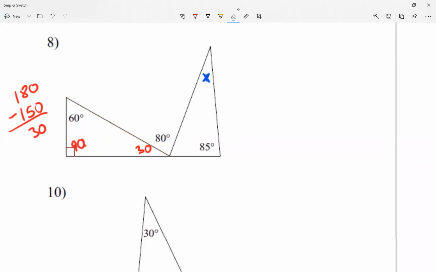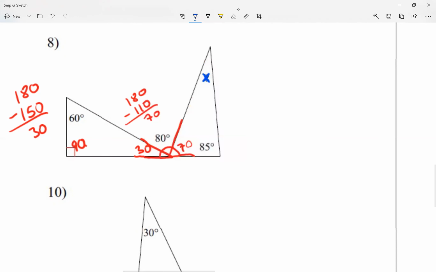Cool. Now I'm going to be looking at, here's 30, here's 80. I can find this third angle because these three angles make half of a circle, so they must add up to 180, right? The two angles that I have, 80 and 30, if I add them, is 110. Let me subtract that from 180. So this third angle is 70.